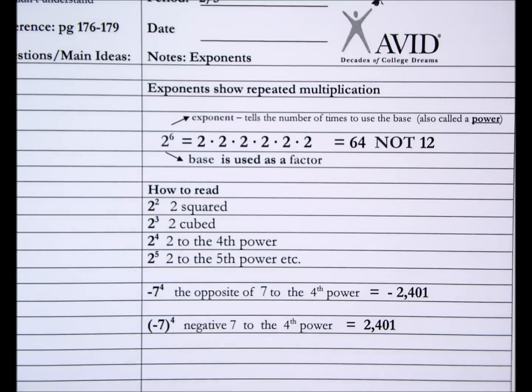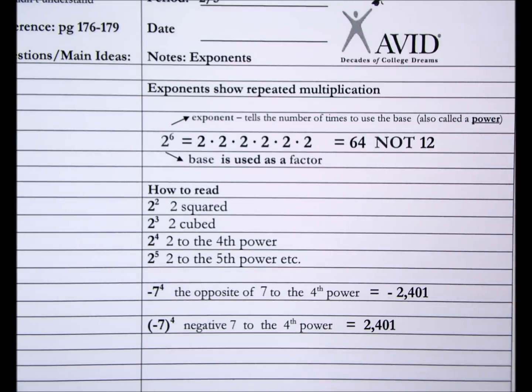If you are actually multiplying a negative times itself, then it will be in parentheses. So this says negative 7, in parentheses, to the 4th power. So it would be negative 7 times negative 7 times negative 7 times negative 7.